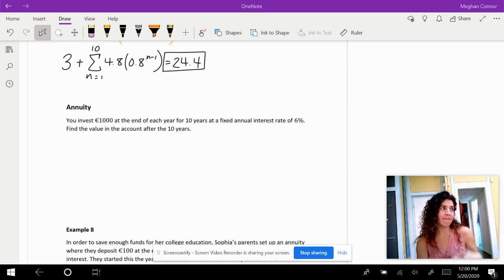We don't normally just have 13,000 euros sitting around that we're going to put in a bank and let it sit there. That'd be all of our money, right? So what you normally do is you say, every year I can save 1,000 euro and put it in a bank and let it sit there. So that's what annuity is.